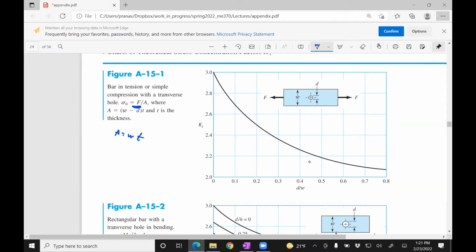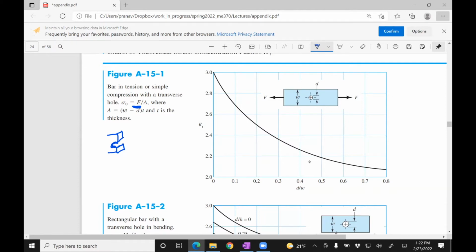But because there is a hole there, you will use a different A. It's best to draw this. So I'm just cutting this at the hole.